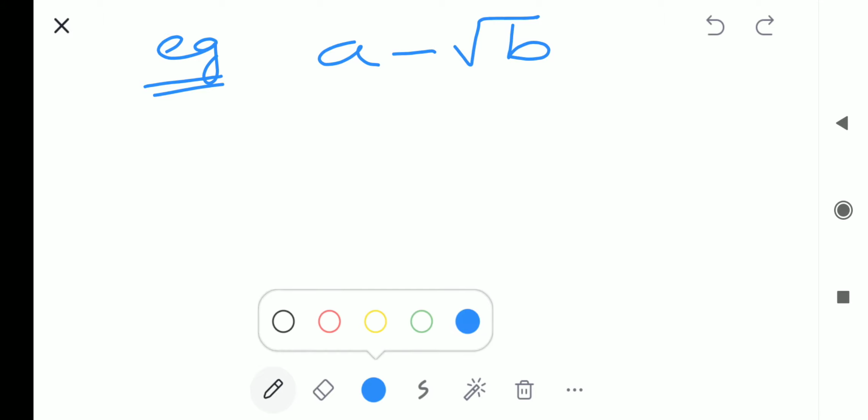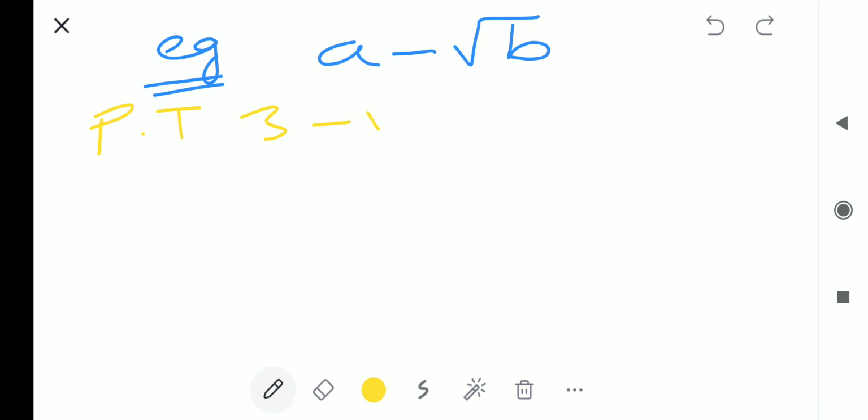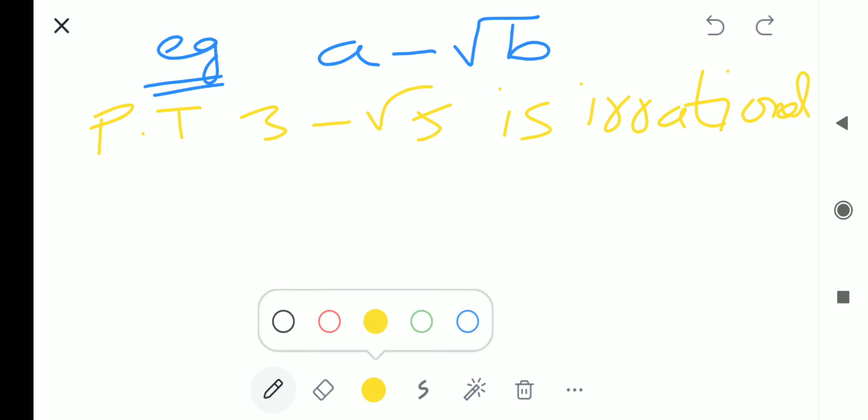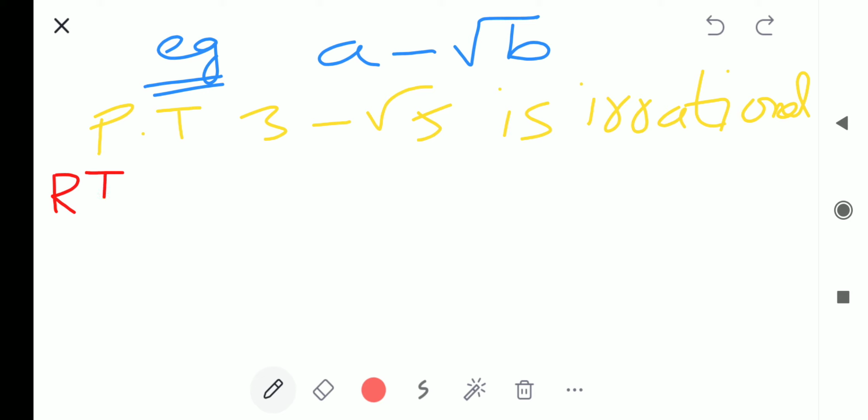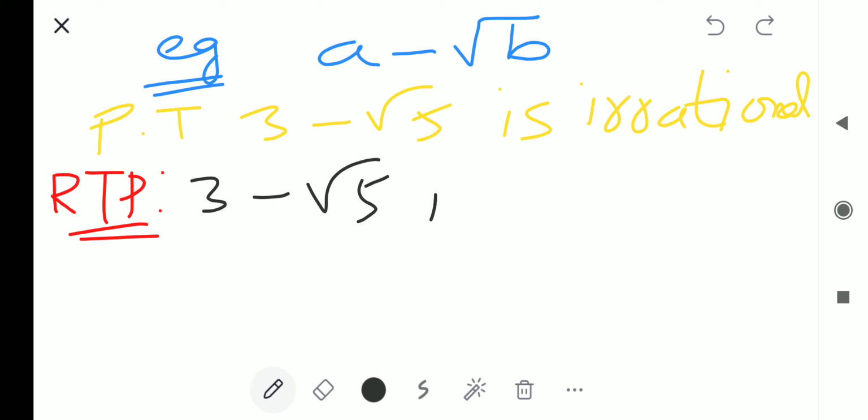Let me take another example, of the type a minus root b. Prove that 3 minus root 5 is irrational. For proving this, what is RTP, children? 3 minus root 5 is irrational.